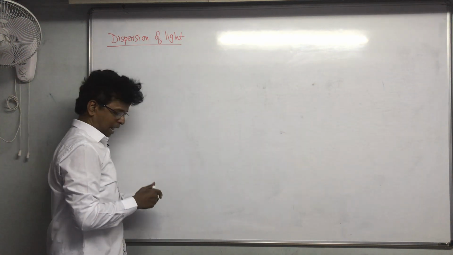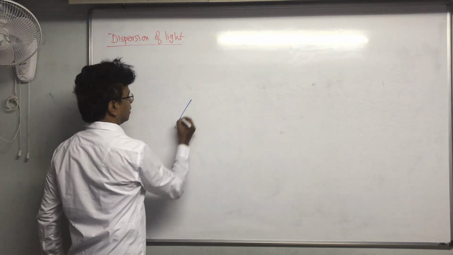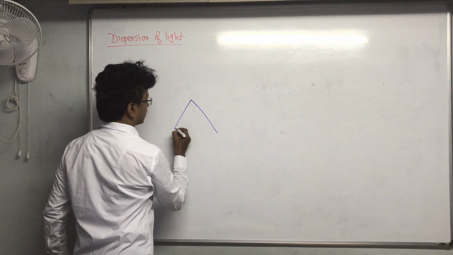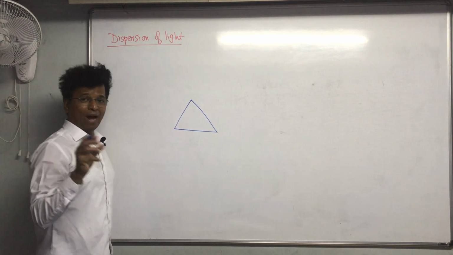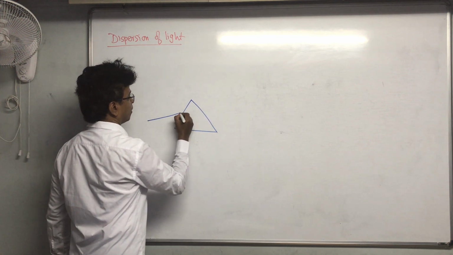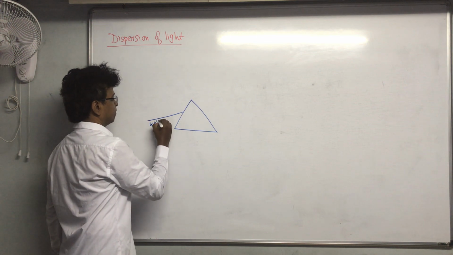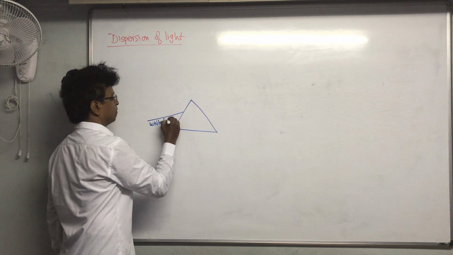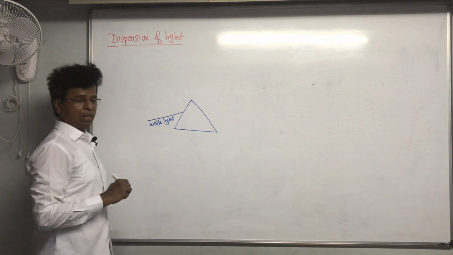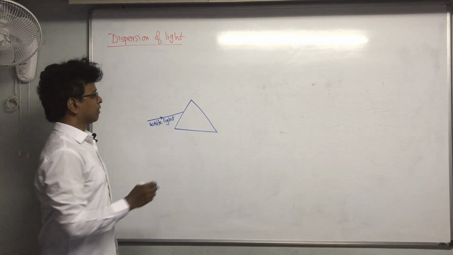See, if supposing we have a prism and a white light is made to fall on the prism. This is a white light. White ray of light is supposed to fall on the prism. Then what happens?